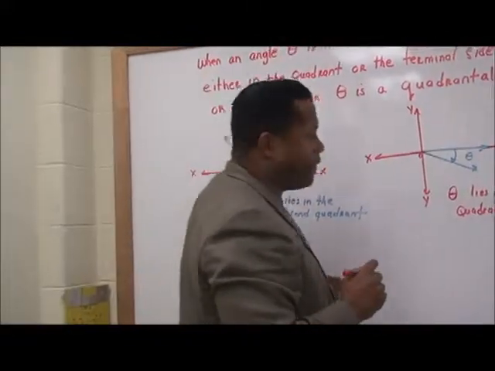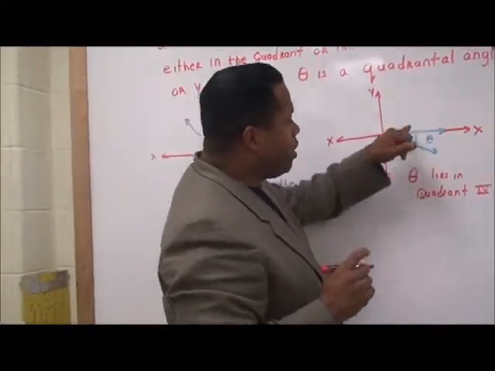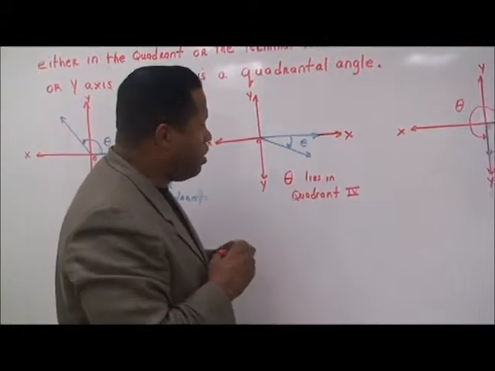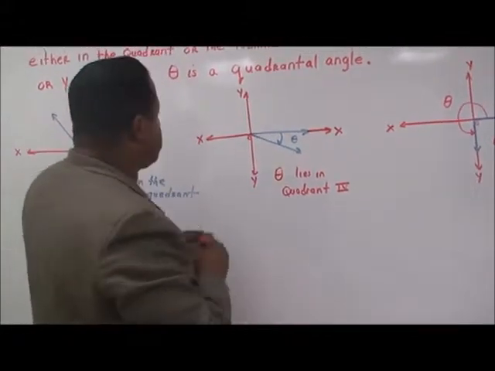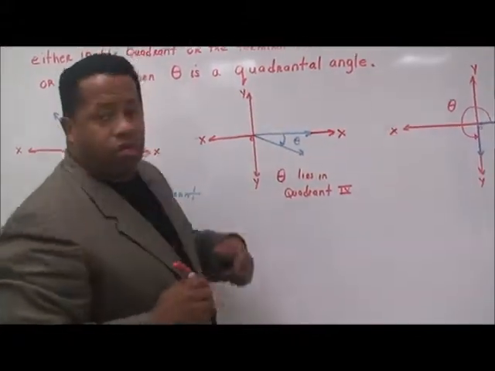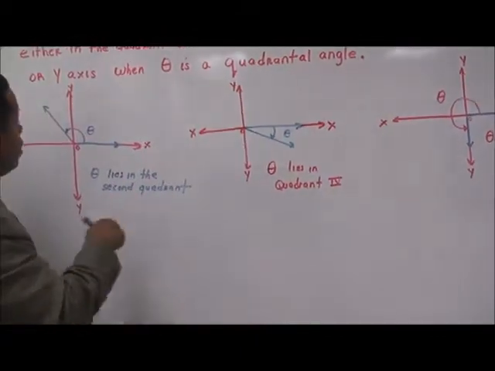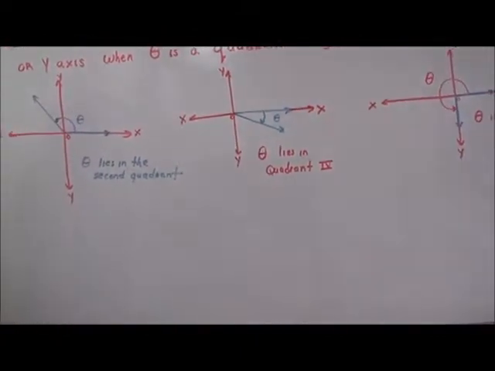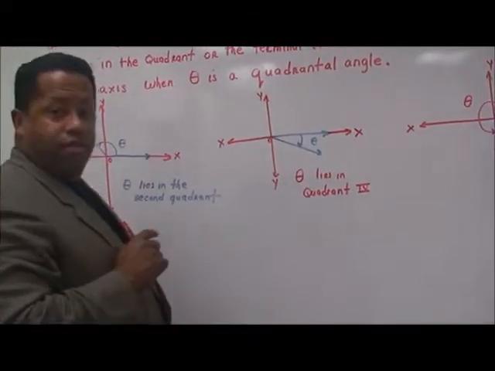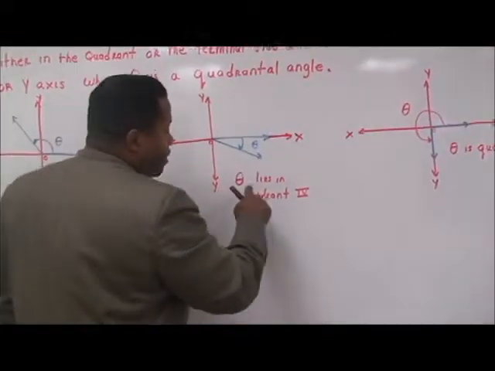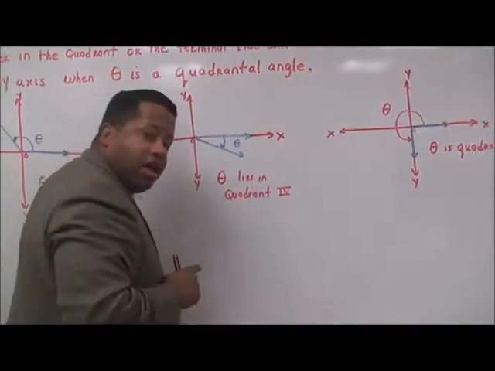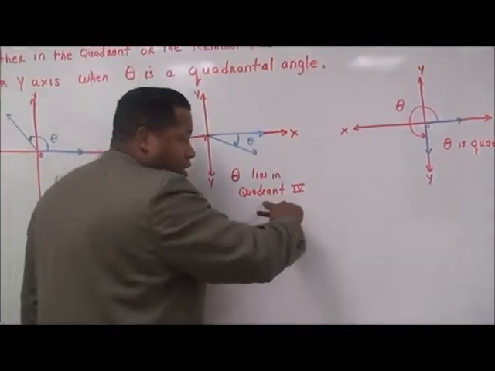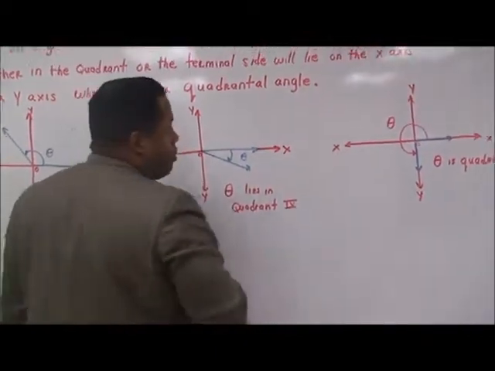Very good. Now if we go to this particular angle, this is going in a clockwise motion. Clockwise will be negative, right? So this theta angle lies in quadrant number 4.